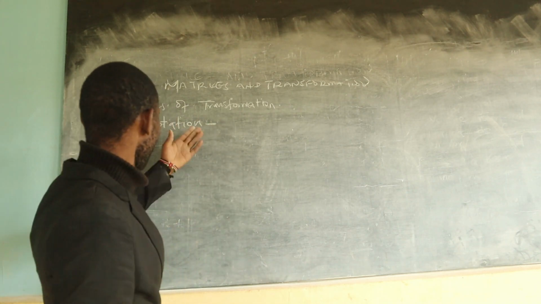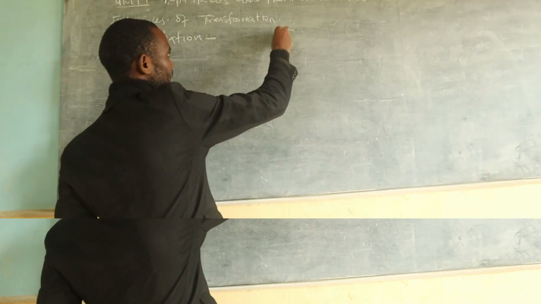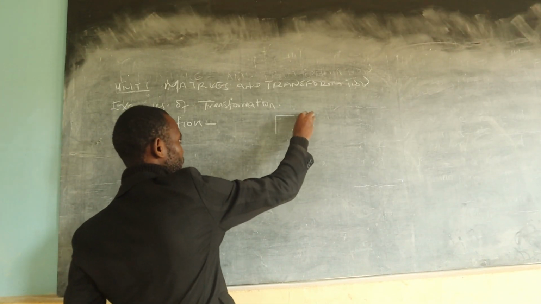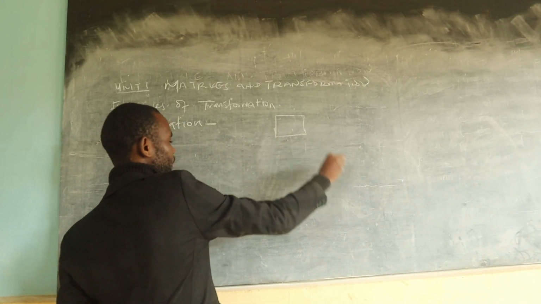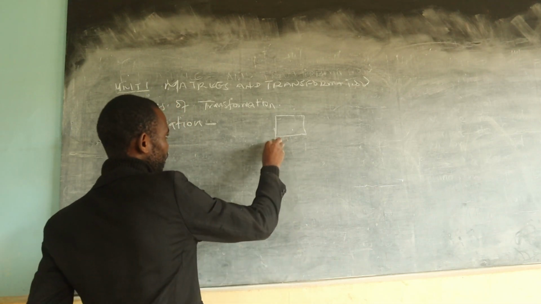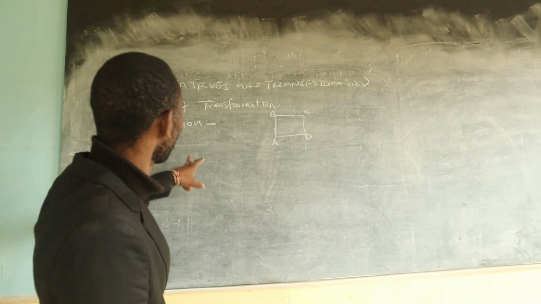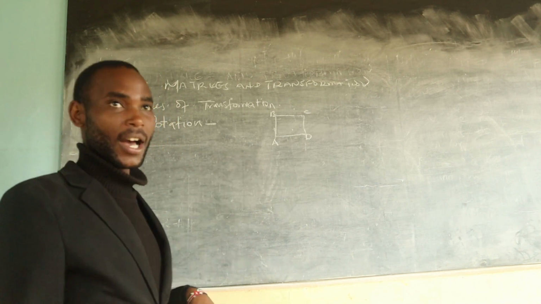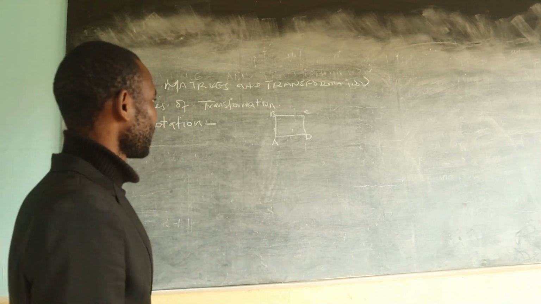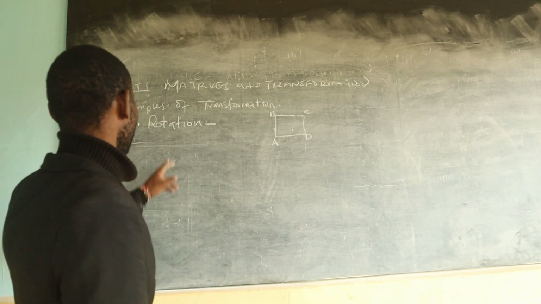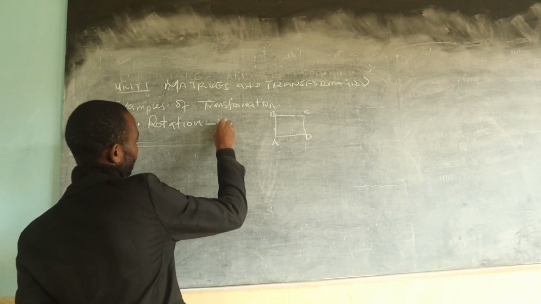If this was my square, name these points A, B, C, and D. Then it undergoes a rotation of a certain angle, because rotation deals with angles.